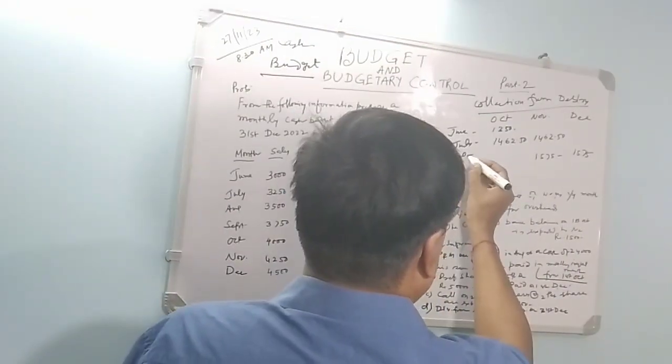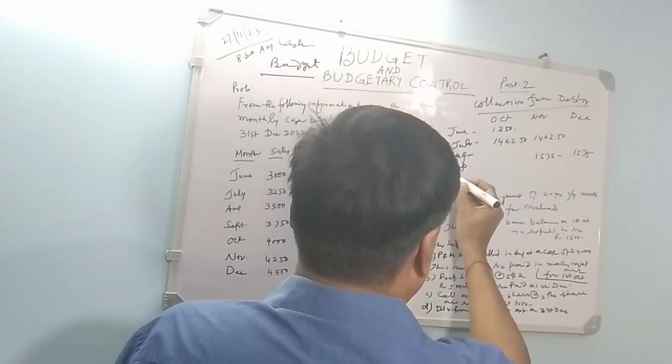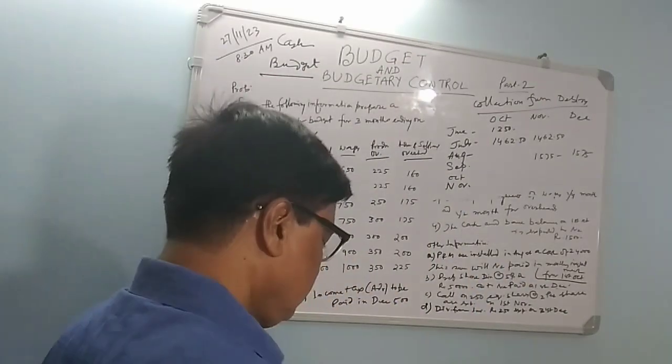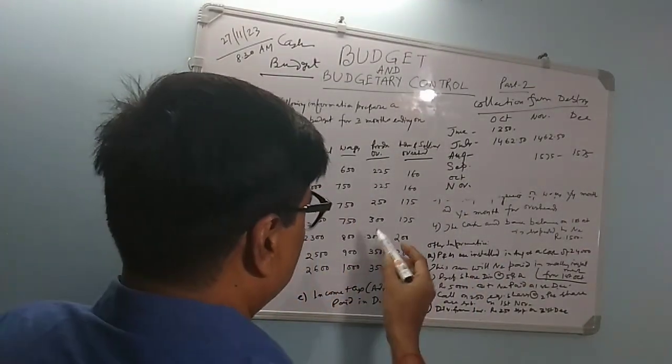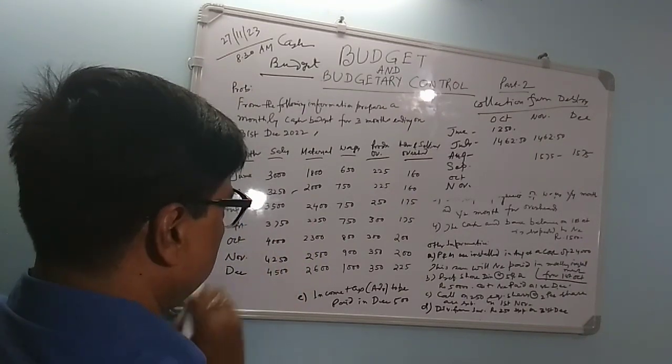Then September. When is the September payment getting due? September, October, November, December.